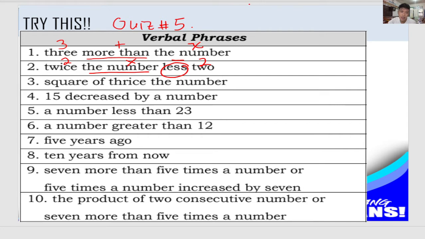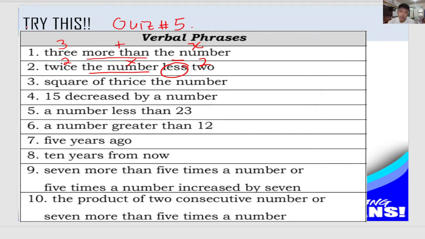Okay, next, twice the number less 2. And how are we going to answer that one? Twice the number less 2. So, if we are going to translate twice, that is 2. The number, we don't know that number, so we may write x or a, b, c, d, e, depending on you.